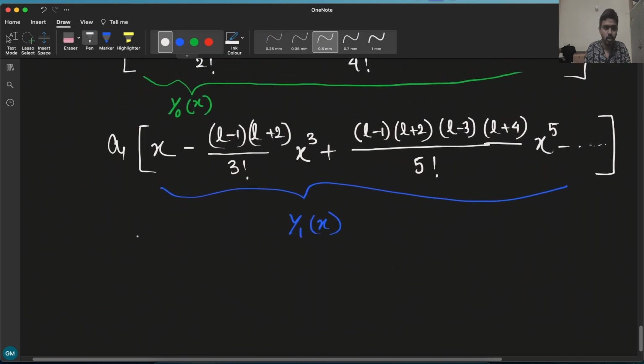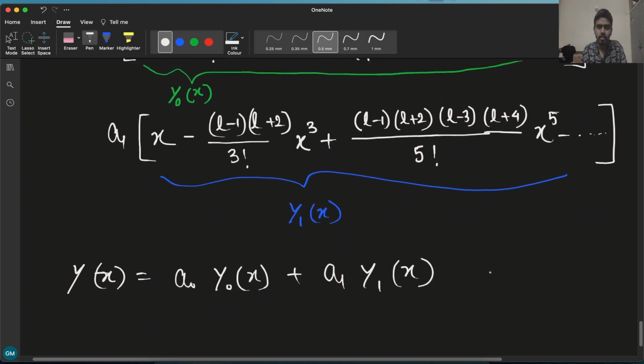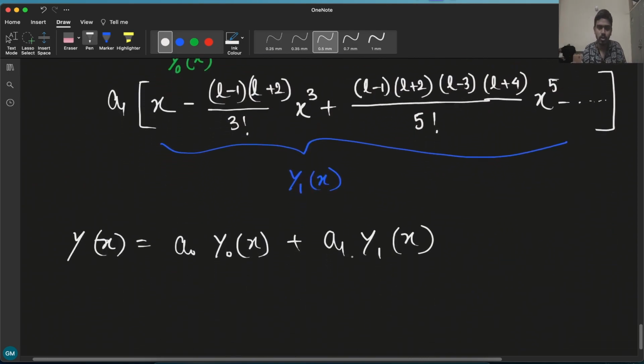So basically our solution is y as a function of x equals a0 y0(x) plus a1 y1(x). These are two linearly independent solutions, and our general solution is a linear combination of these two.